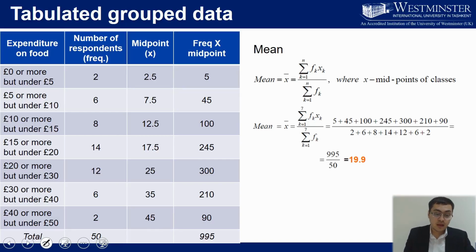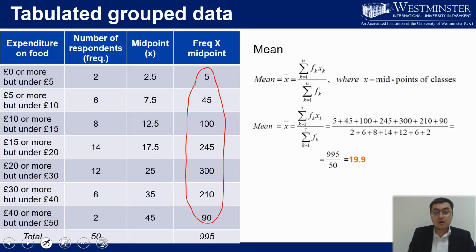Now, once I have made that assumption about the range of observations, I can multiply the frequency by the midpoint and come up with a number that I can add to the rest of the numbers. Once I have done that, I get these numbers, and then I add them all up, and I get 995.